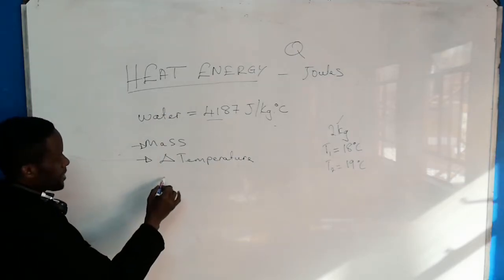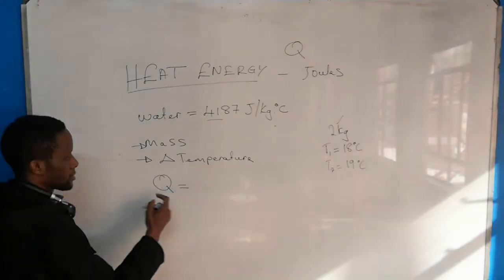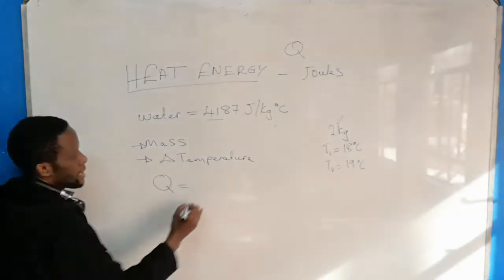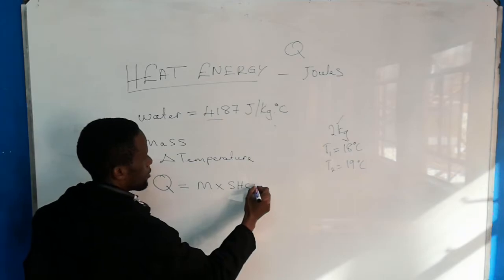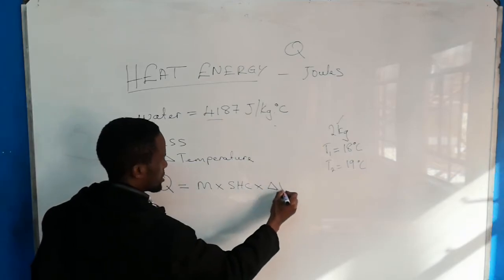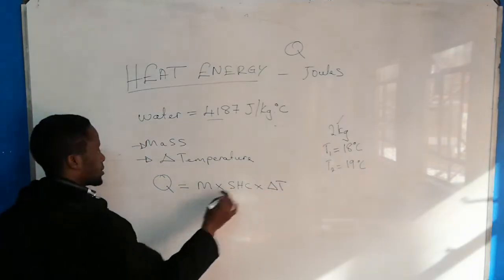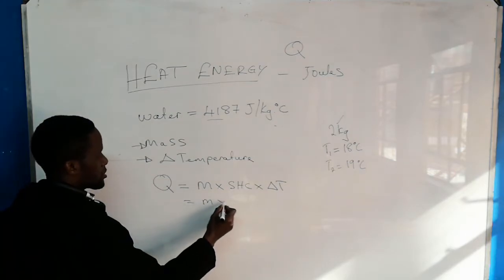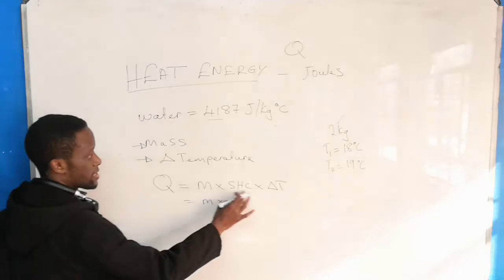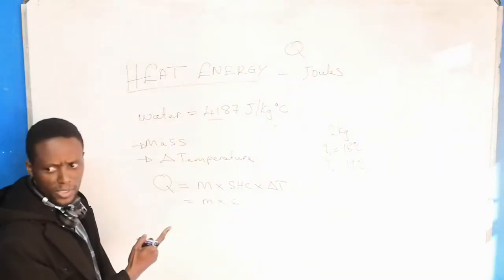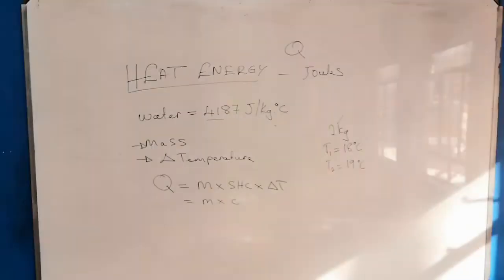Therefore, the amount of heat energy required, Q for heat energy, is the mass times the specific heat capacity of that substance times your change in temperature, which is just your T2 minus T1. In our formula page in our exam, specific heat capacity will come out as C if you check your formula page.